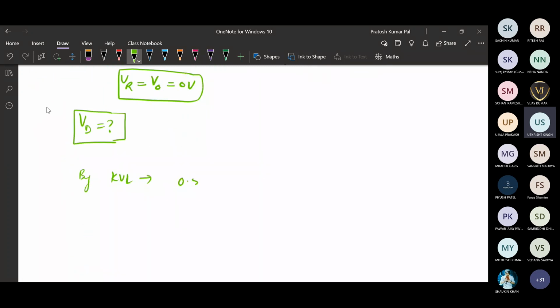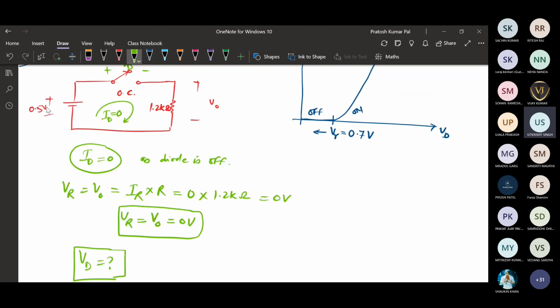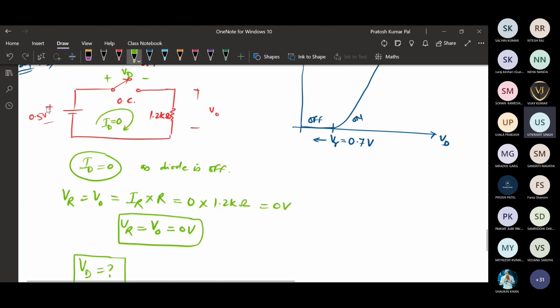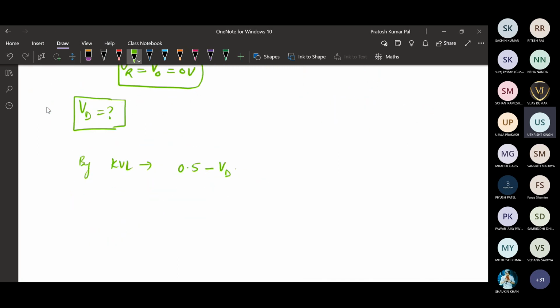So this is 0.5. The next component is the diode, which has a conventional sign of voltage where this is positive and this is negative, so it will come out to be minus VD. And in the case of the resistor, here this is exiting with a negative sign, so we put it this way. So the sum of all these voltage components will be equal to 0.